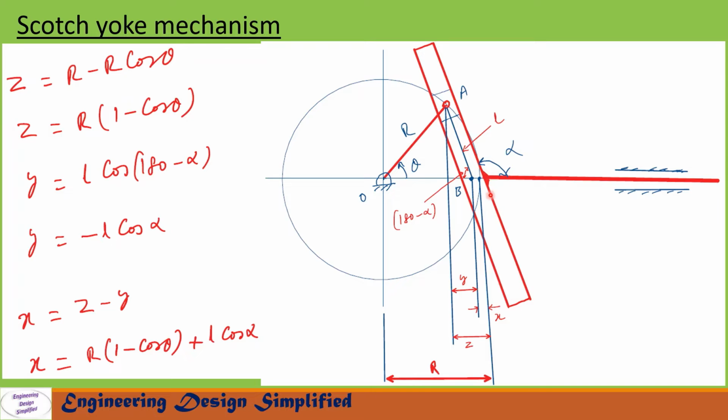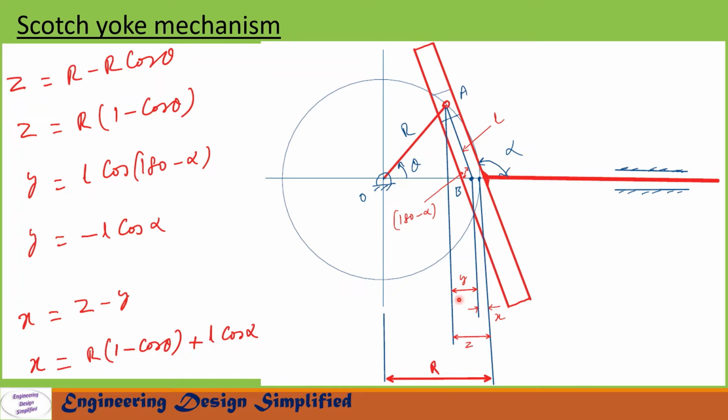At the same time, the center line of this red color rectangle, that is slider guide, will move from this point to this point here. So the angle between this red line and this slider guide is alpha. So this angle we call 180 minus alpha. So when crank rotates by an angle theta, then this center plane of this slider guide moves from here to here. Let us call the distance x.